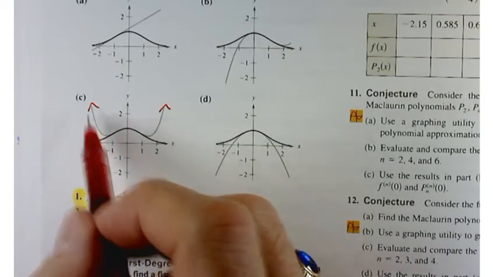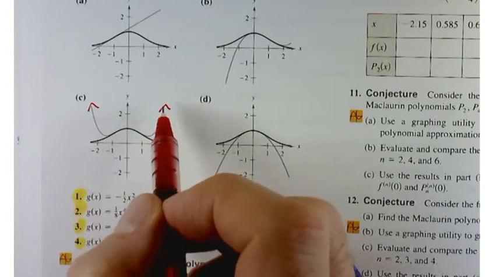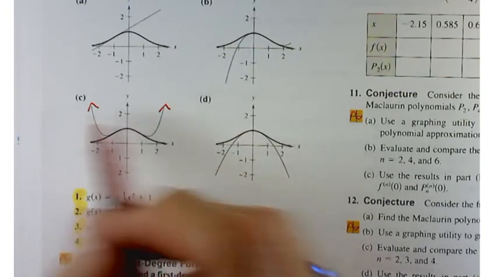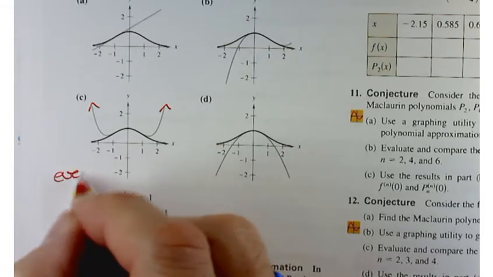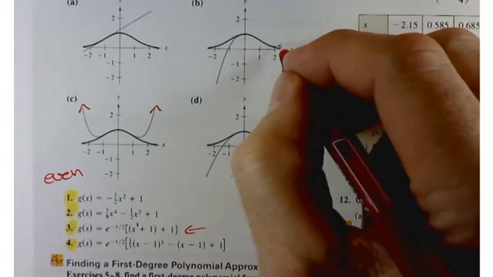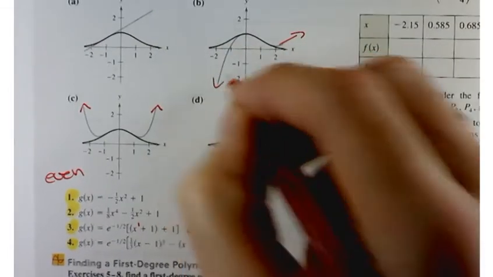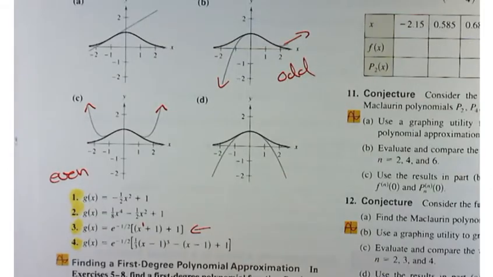Now, because of the way that it's shaped here, that both of these ends or these tails point up in the same direction, that tells you it has to be an even polynomial. So that's a little bit of a clue, as opposed to something like this, where the tail here points in opposite directions. This has to be an odd polynomial.